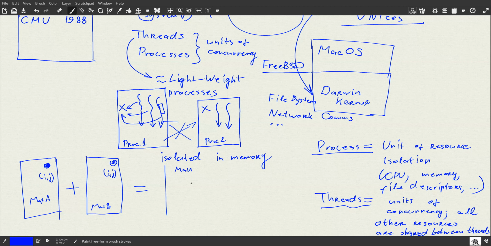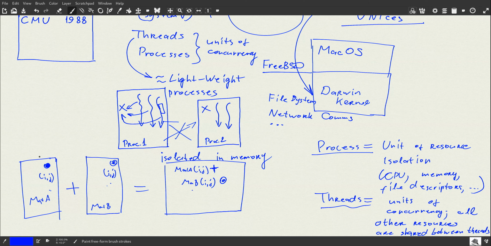But if the matrices are really big, so for example, 1000 by 1000 each, such matrices do exist, then we can run multiple units of concurrency, which read matrix A and matrix B entries independently and fill in the corresponding entries in the sum. But in order to do that, both units of concurrency must be able to see matrix A, matrix B, and the result.